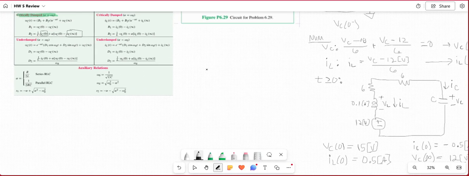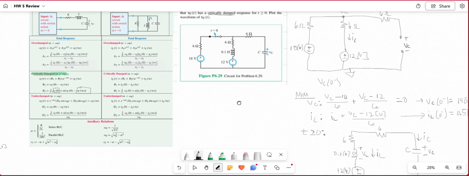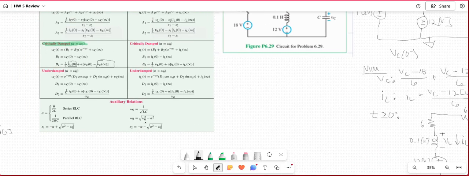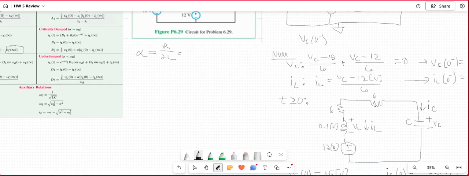Cool. And now we need to find our C value. So we have R and we have L, so we can find alpha for a series RLC. Alpha equals R over 2L, so R is 6 plus 6, 12. 12 over 2 times the inductance, and that gets us 60 nepers per second.